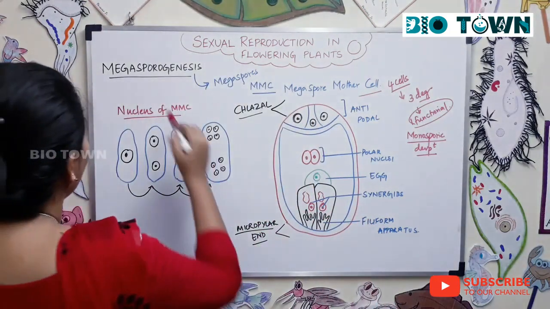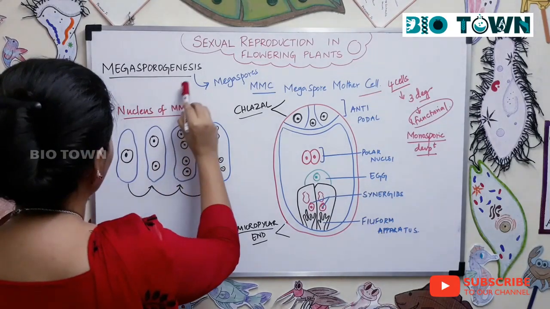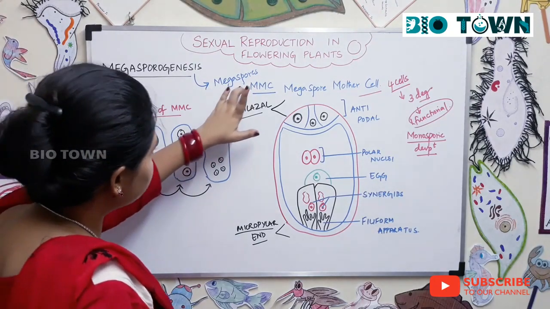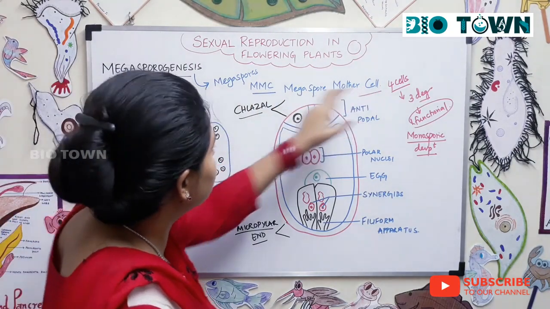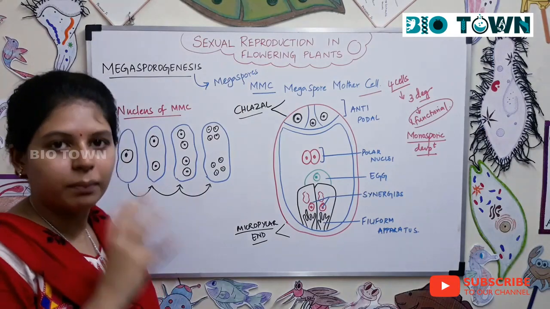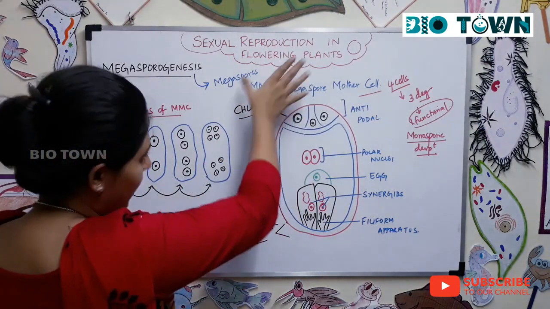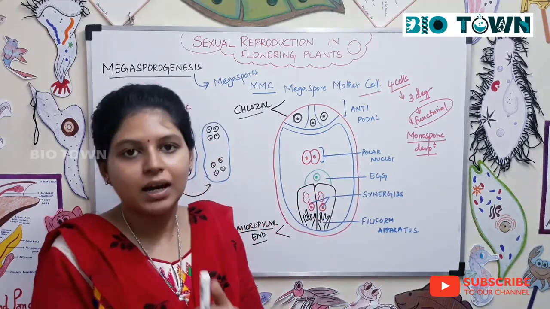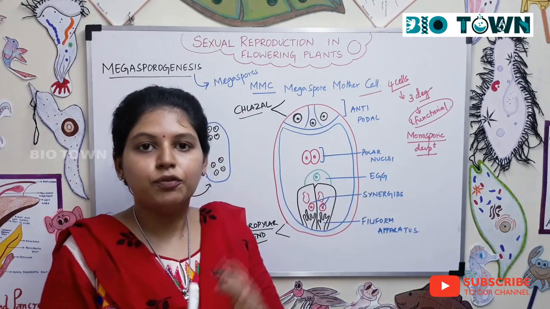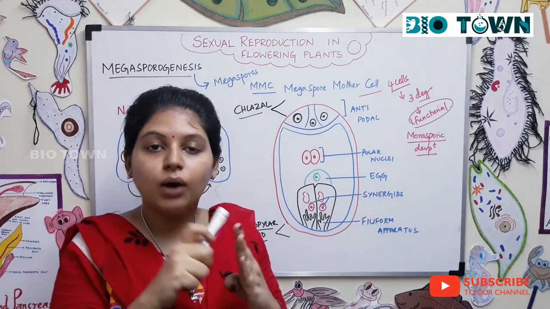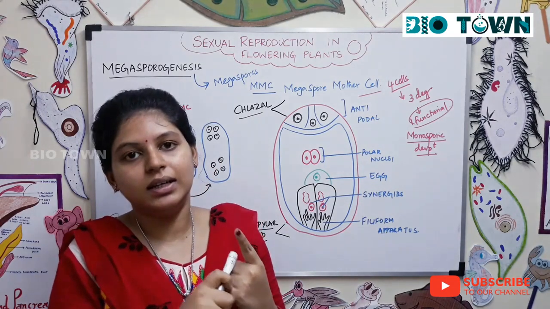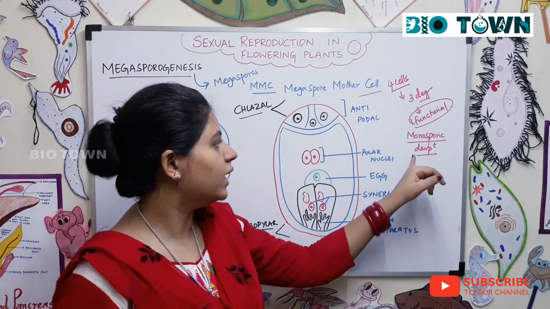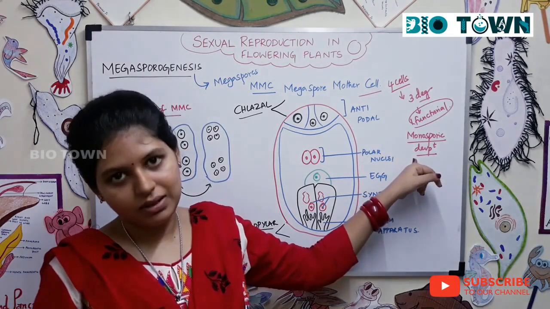Now first we'll talk about megasporogenesis, which means the formation of megaspores from the megaspore mother cell. The megaspore mother cell forms four cells, out of which three cells disintegrate and only one cell moves further, and this is called monosporic development.